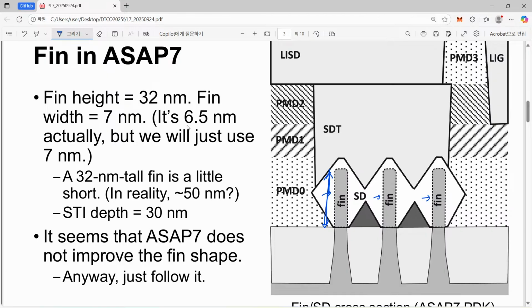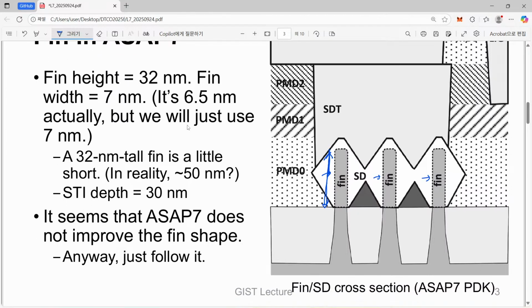Of course, in its structure, maybe you can think that this is the entire height of our fin, but effectively only the part beyond this level is regarded as the effective fin, because this relatively light gray is corresponding to STI. So shallow trench isolation.